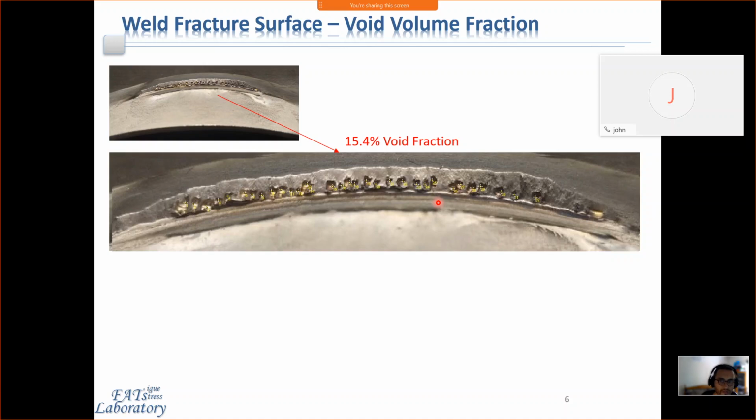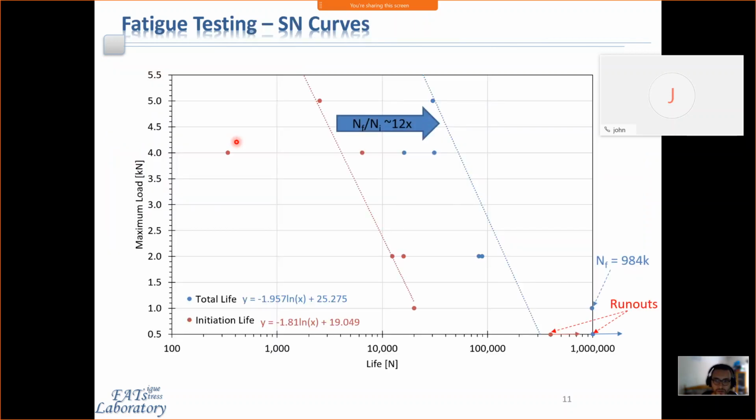So when the two pieces got separated, you took a view of that. Correct, yes. Otherwise it would be a destructive test. So we will do one of those and we will section the weld and calculate all of those dimensional properties that you want. But in order to get this type of weld void fraction for all of the samples, it makes the most sense to calculate it on the plane of failure. Okay, just moving forward.